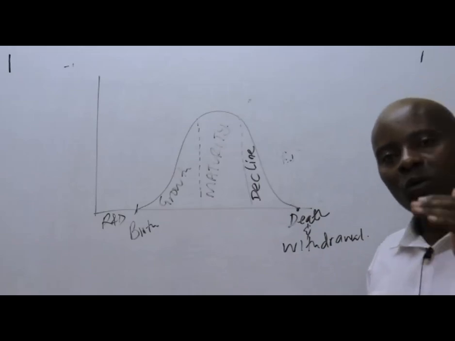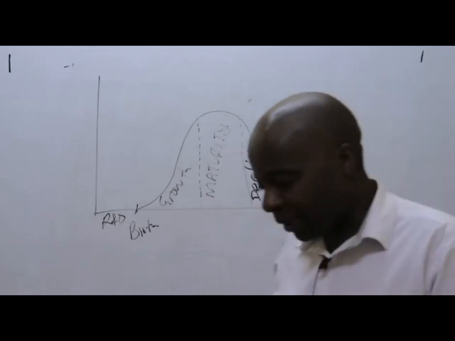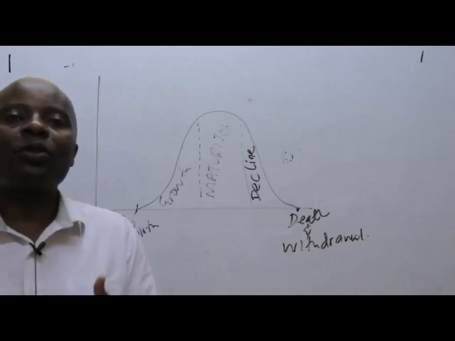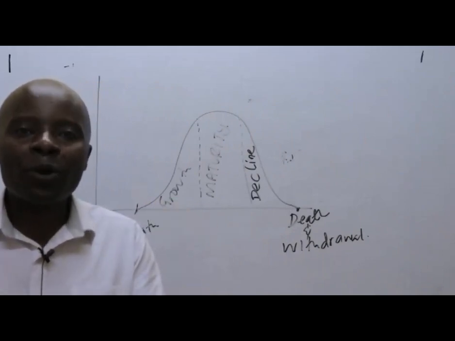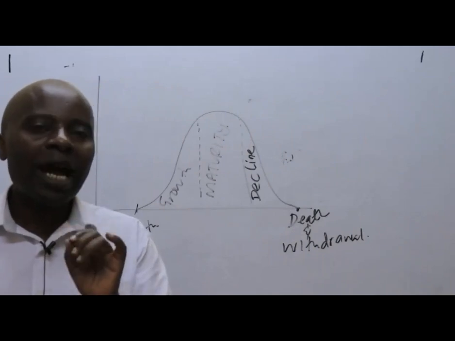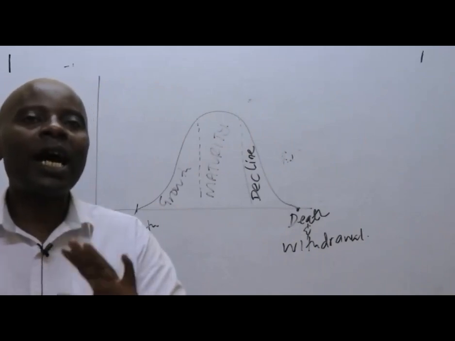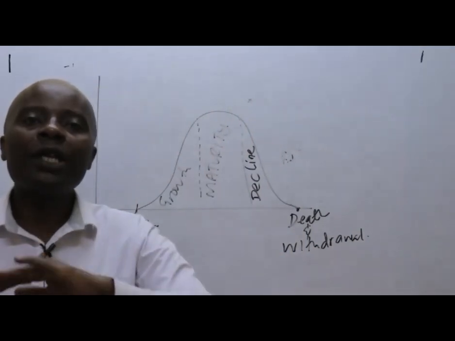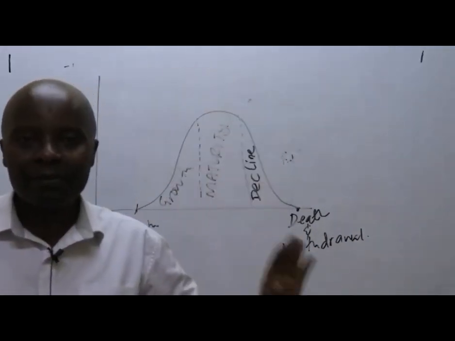So when we talk of life cycle costing, my brothers, my sisters, life cycle costing basically is a method of costing our products, which normally talks about what? Us capturing the entire costs of a product through its lifetime.